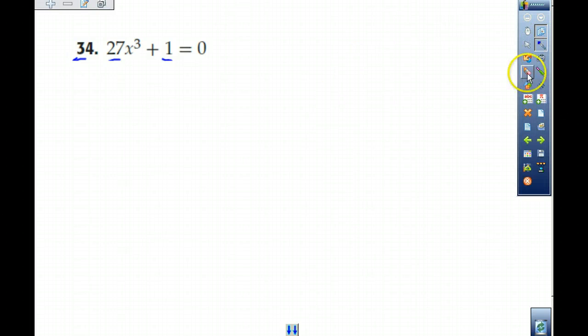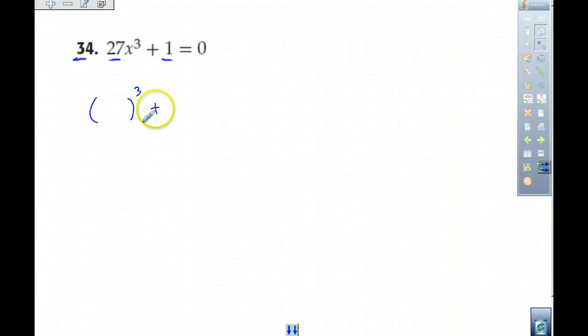First, we can't solve it the way it is. That's why we need to factor. So let's write this as cubes. What cubed equals 27x cubed? 3 what? 3x. And then we have this 1. So let's write it as cubes first.